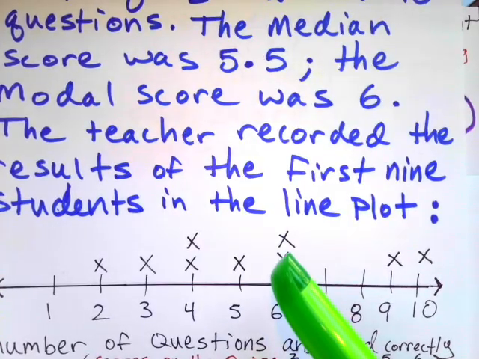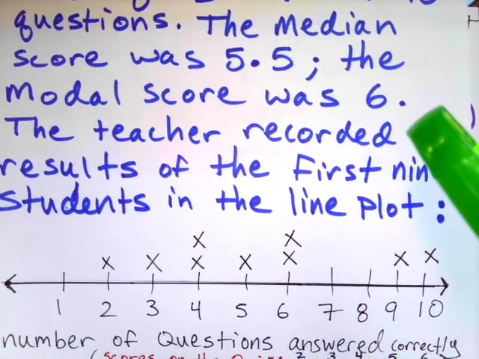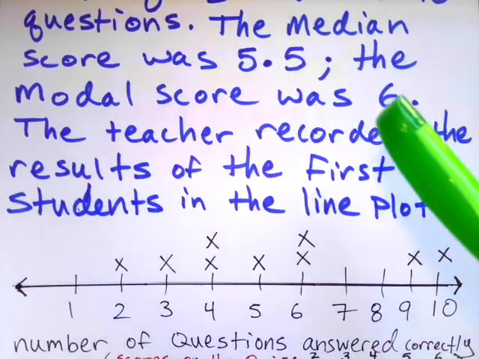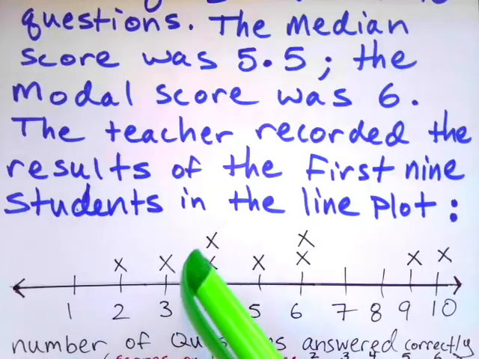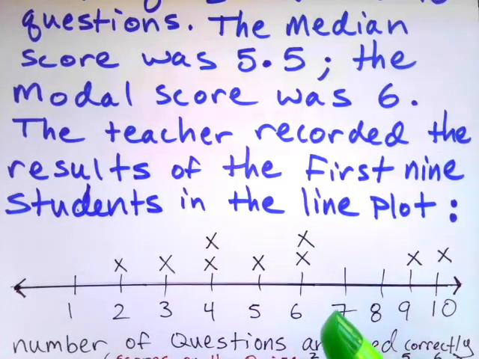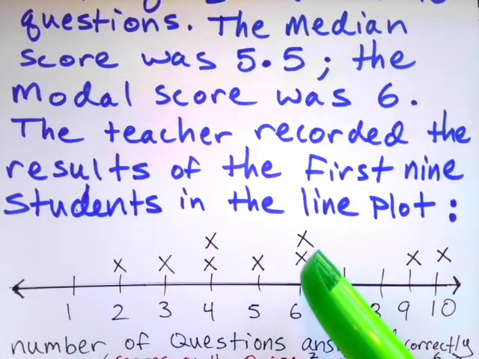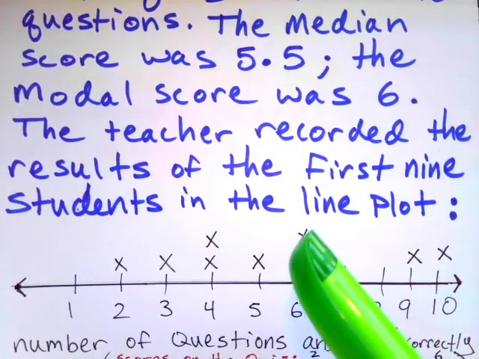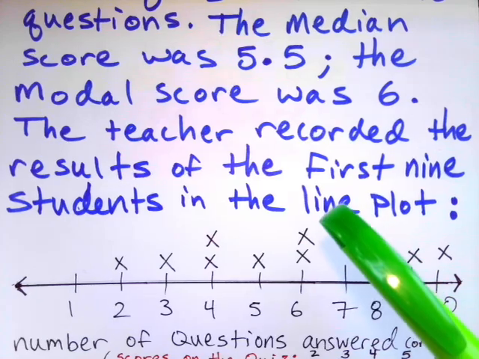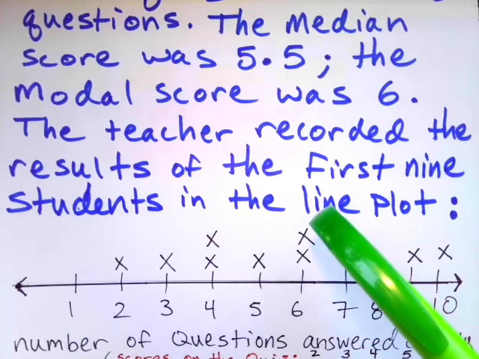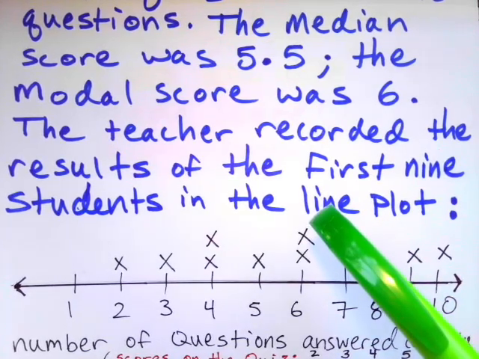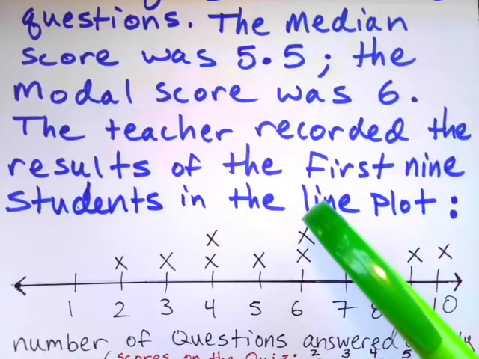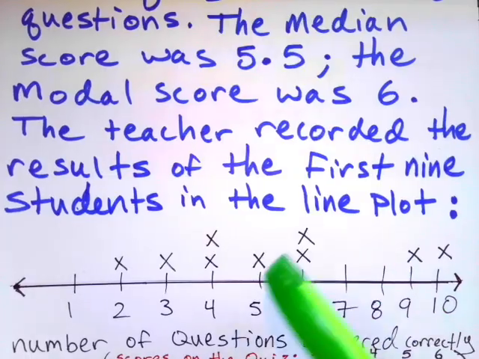Well, because most often seen given in the question, it tells you the mode was 6. So if I have 2 answers for 4 and I have 2 answers for 6, and the mode is the most often seen score, I am going to assume at this point that the answer is 6. The 10th student scored a 6. Again, the mode was 6, not 4.